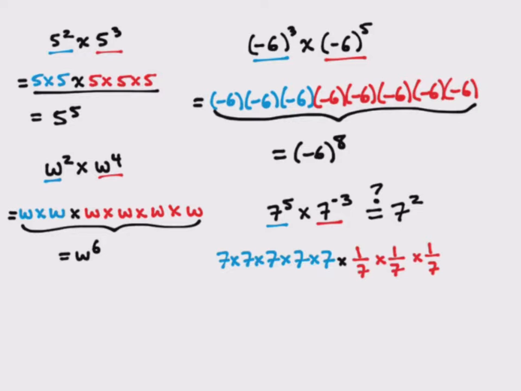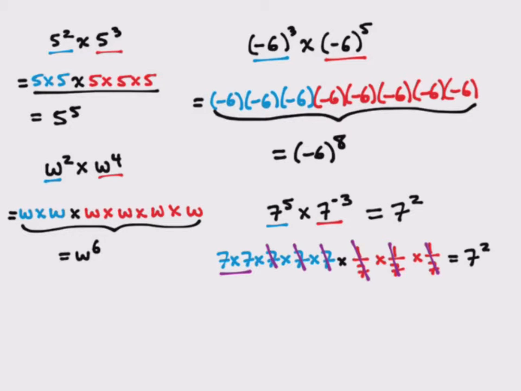They cancel out, if you will. So I think that this 7 and this 1/7 will multiply to 1. This 7 and this 1/7 will multiply to 1. And this 7 and this 1/7 will multiply to 1. And what do we end up with? 2 remaining 7's for a grand total of 7 squared. All right, the property held that time. Let's get rid of this question mark.